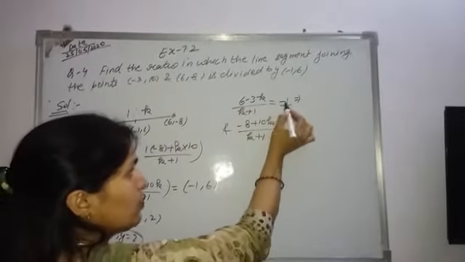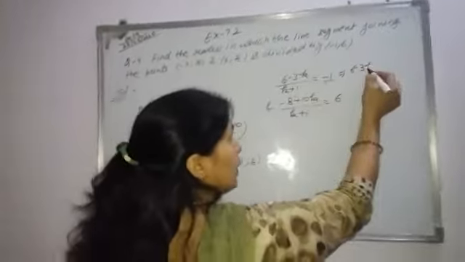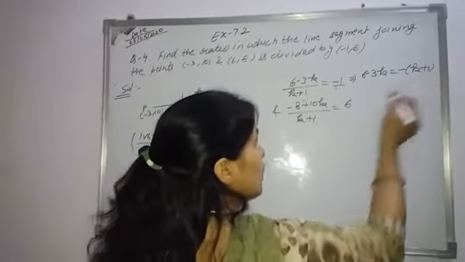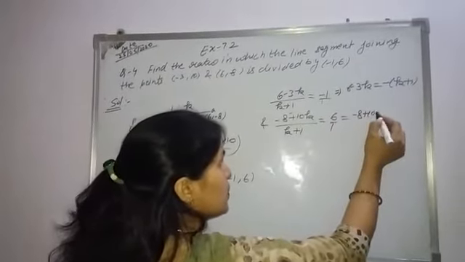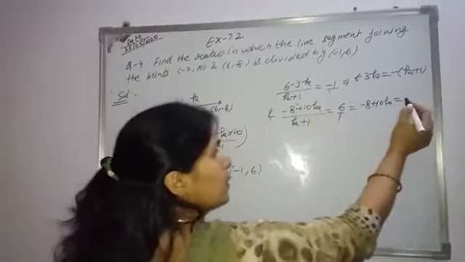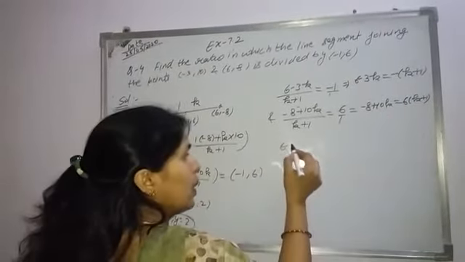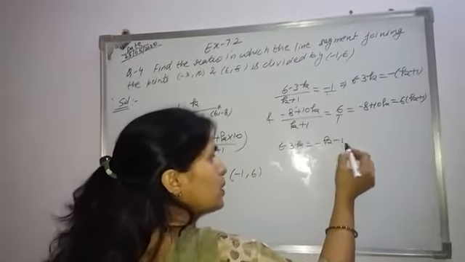Now from the first equation, if we apply cross multiplication, 6 - 3k is equal to -(k + 1), and from the second equation, -8 + 10k is equal to 6 times (k + 1). Now if we multiply, 6 - 3k is equal to -k - 1.